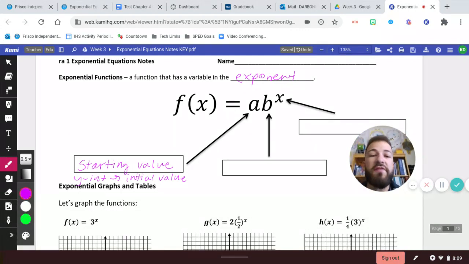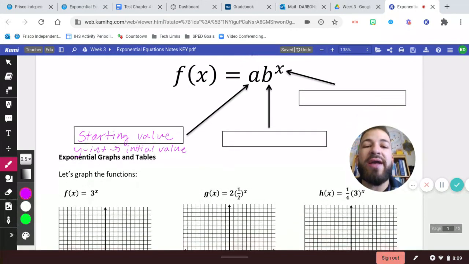Okay, then over here on the far right, our x, that is our exponent. And remember, we always know x is our independent variable.